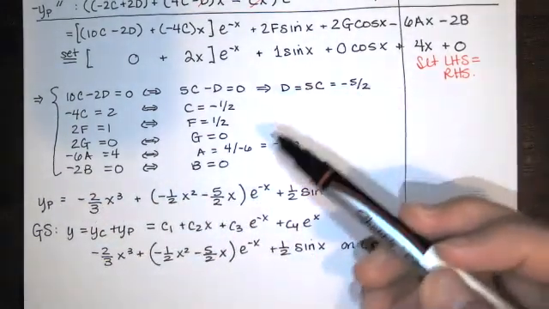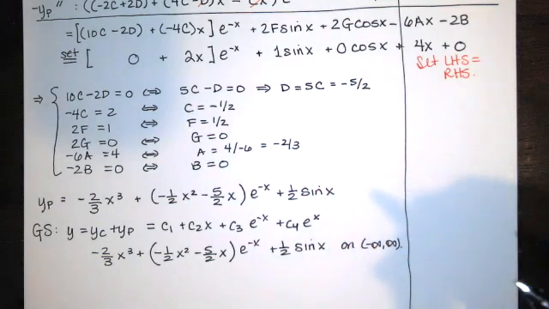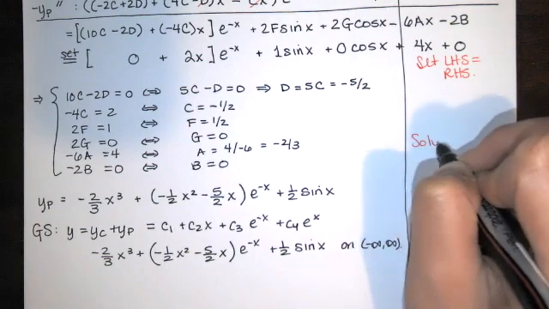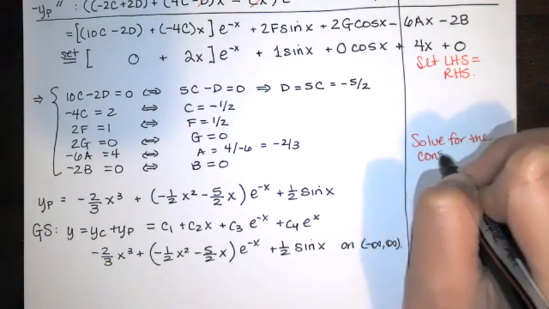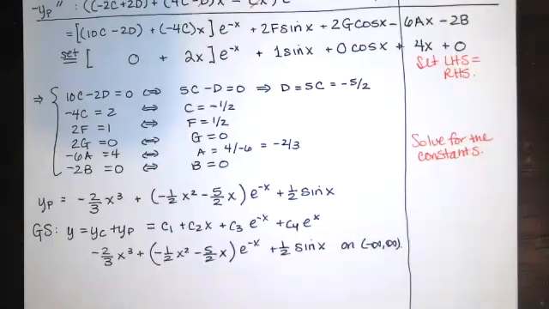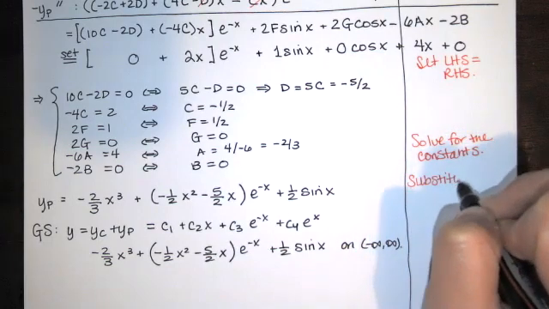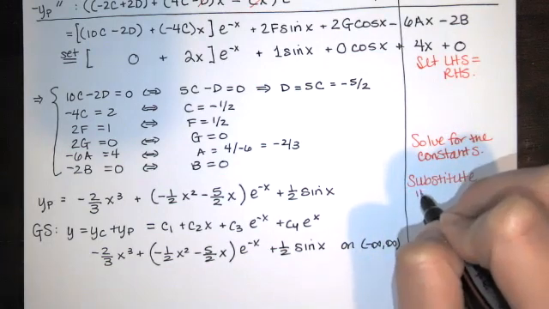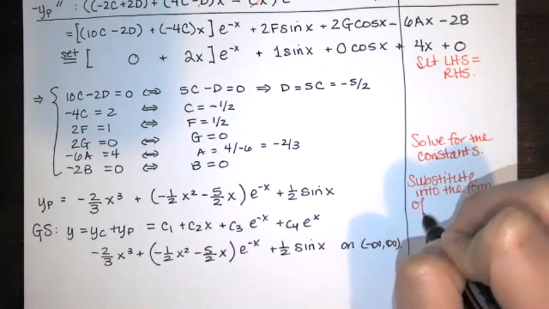So we took the values of A, B, C, D, F, and G. And I'm just going to say solve for the constants because I left out that E, and it's sort of hard for me to remember that I left out that E. And then you substitute those into the form of y sub p.